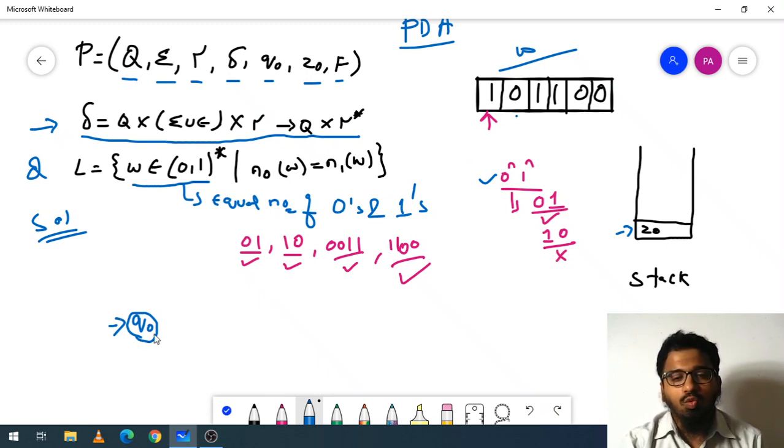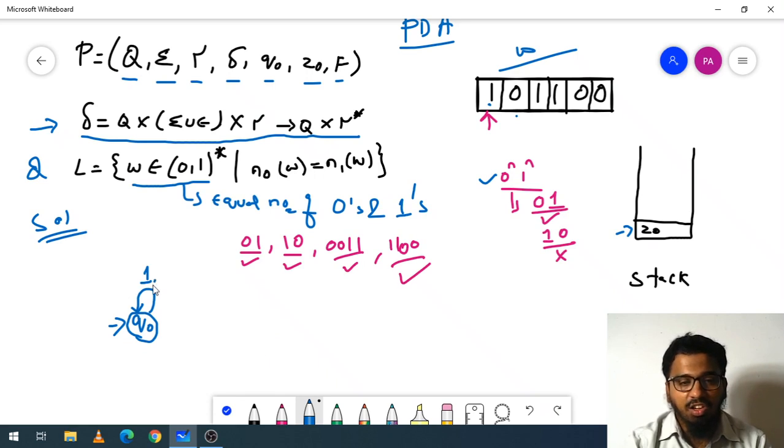Okay, so the first one is Q0. And here the input symbol is now 1. And what is at the top of the stack now? Now it is Z0.